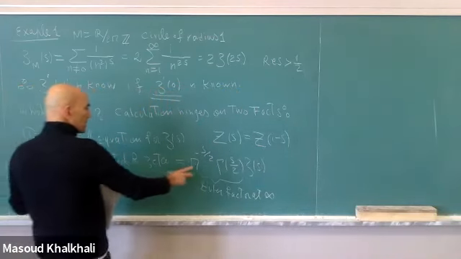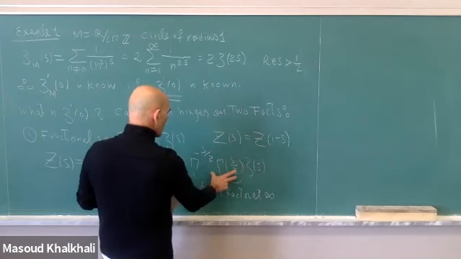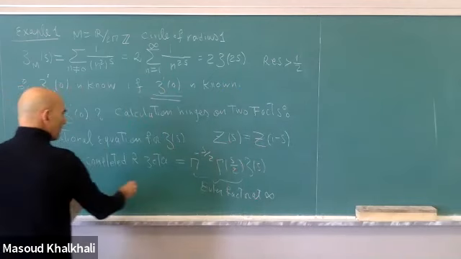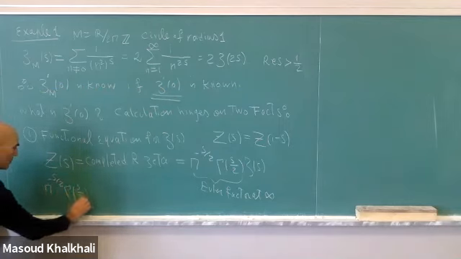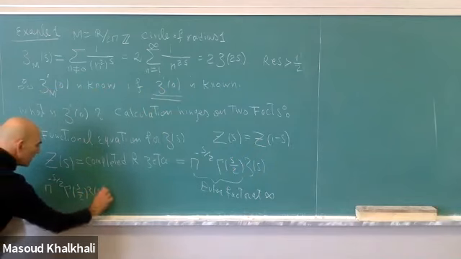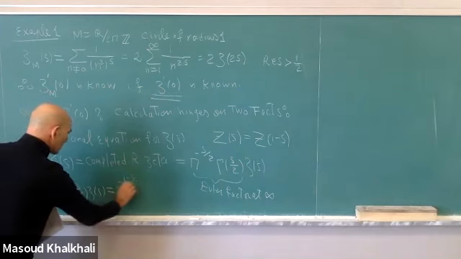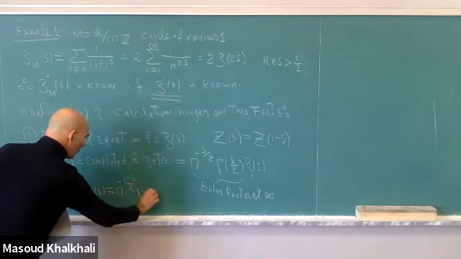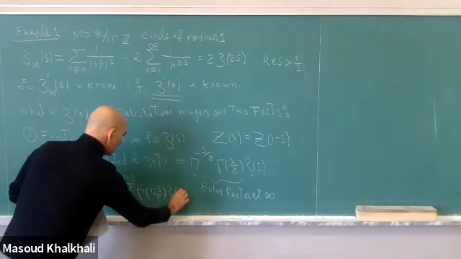Okay, so if you write this equation in terms of this, you have that. Indeed, pi to the power minus s over 2, gamma of s over 2, zeta of s is equal to pi to the power minus (1 minus s) over 2, gamma of (1 minus s) over 2, zeta of 1 minus s.